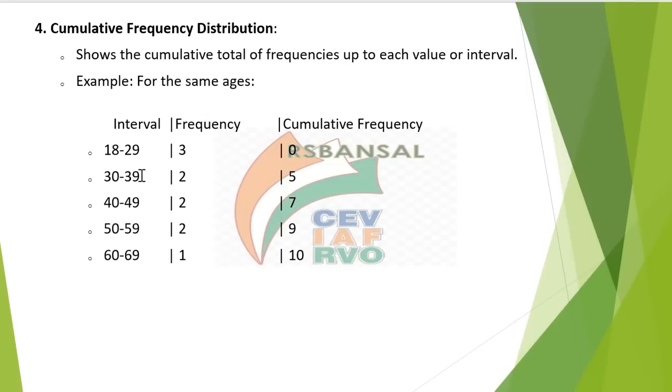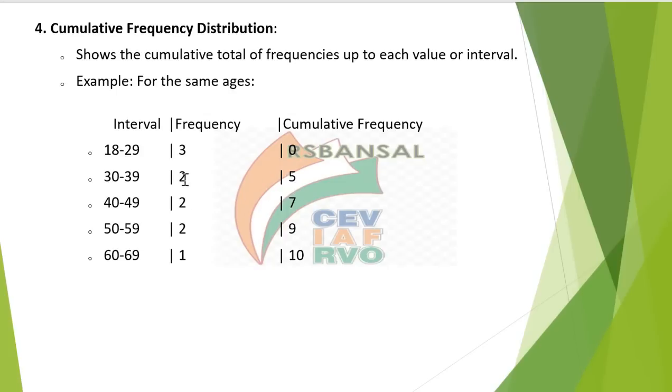Then, for 30 to 39 the frequency is 2, meaning the total frequency up to 30 to 39 is 3 plus 2, 5.